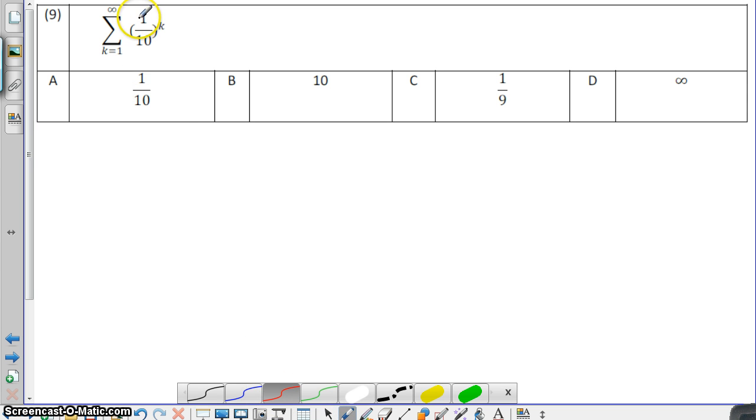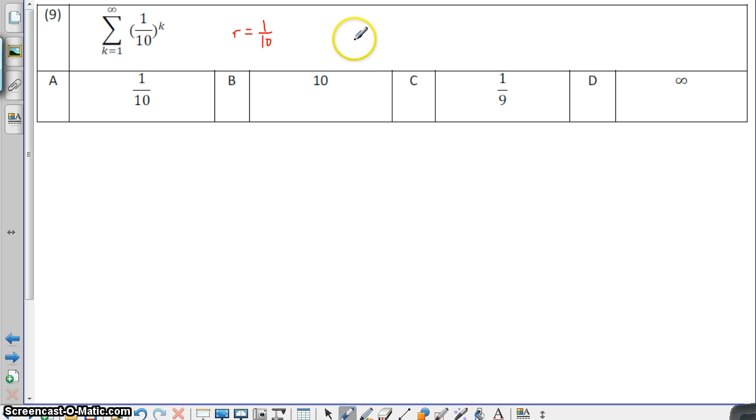This is an obvious geometric series where r equals 1/10. You know it's geometric when you have some sort of ratio raised to some power, or even a ratio raised to a power plus or minus 1 or something like that.